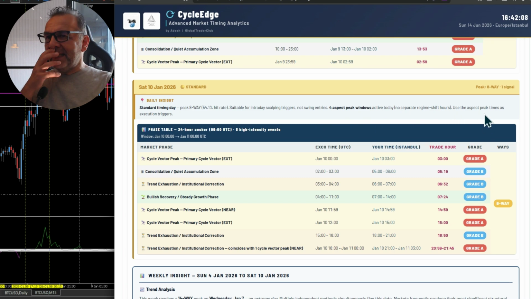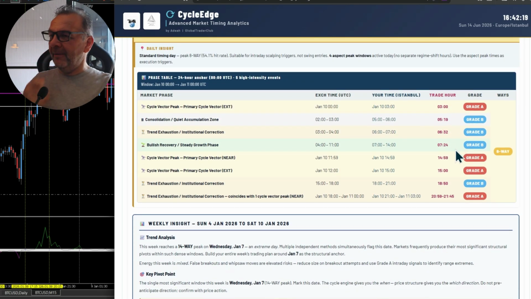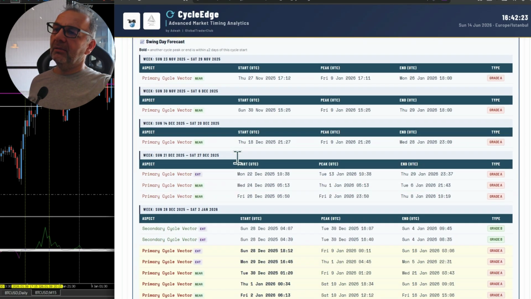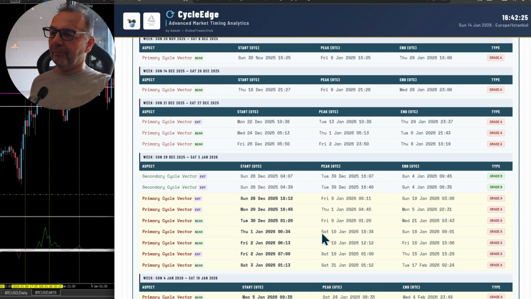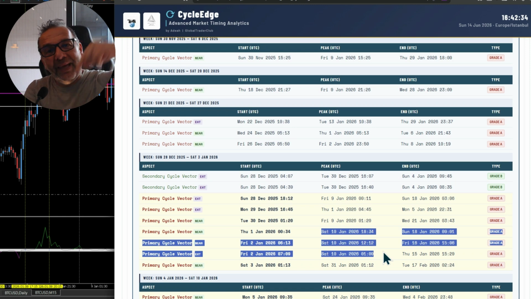Use the aspect peak times as execution triggers. So our peak hours are here. If something is going to happen on the 10th of Jan, it's going to be here. Because it's not a major thing, we're going to follow through from a major thing.